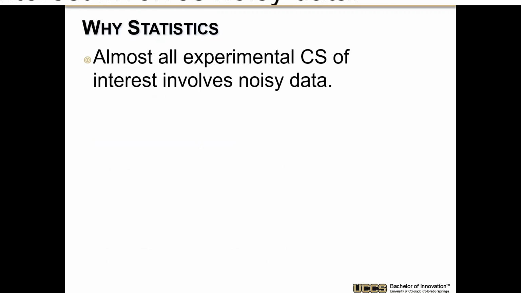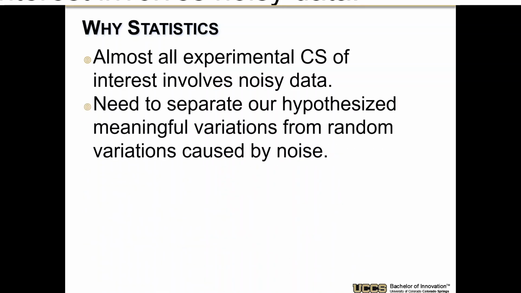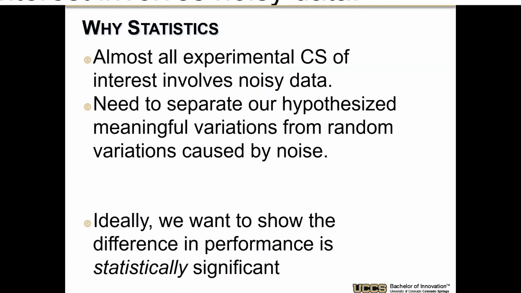So why statistics? Almost all experimental stuff in CS involves noisy data of some kind. The whole point is we need to separate our hypothesized meaningful variations from the random variations caused by that noise. The noise causes our results to change, so I have to account for what change I saw because of the noise and what change was because of my algorithm.